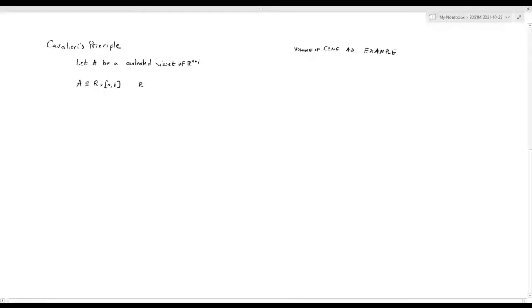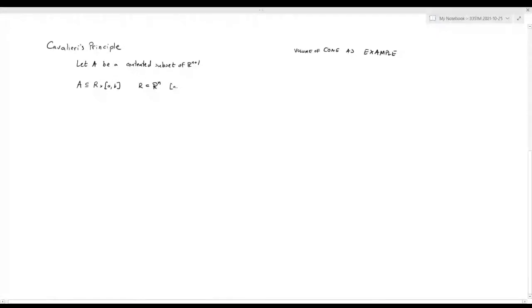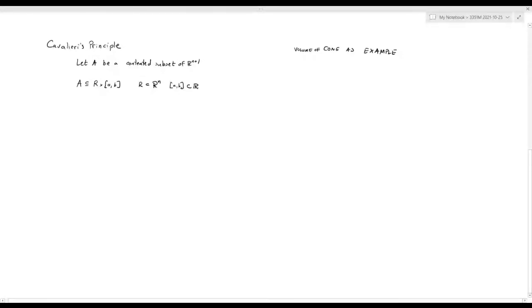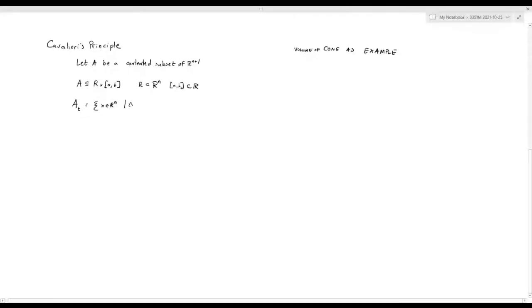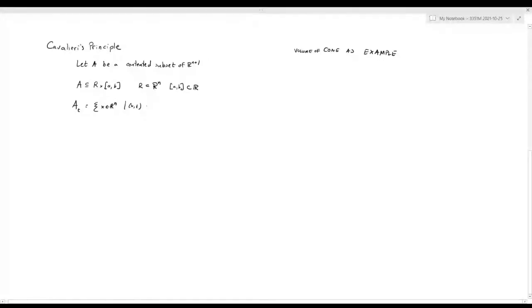So R is a rectangle in R^n, and obviously [a, b] is an interval in R. We're essentially now considering cross sections. Define A_t to be the region in R^n, so in our rectangle, such that (x, t) are part of A.